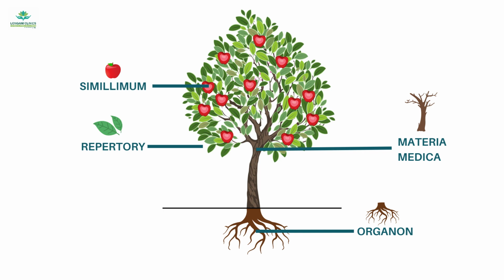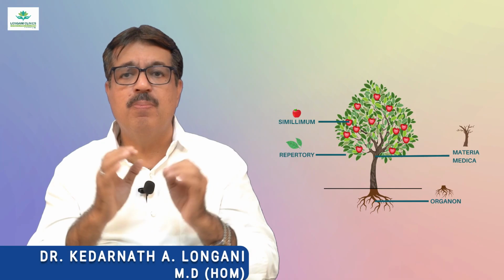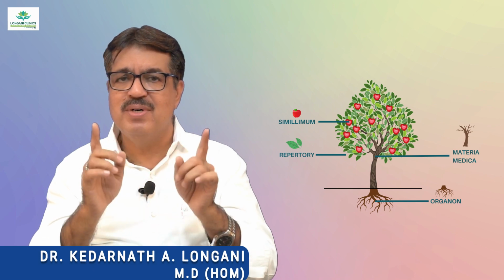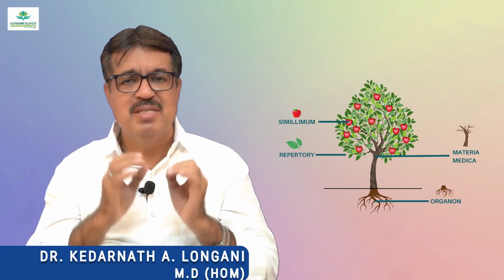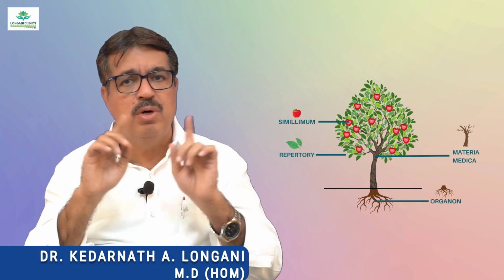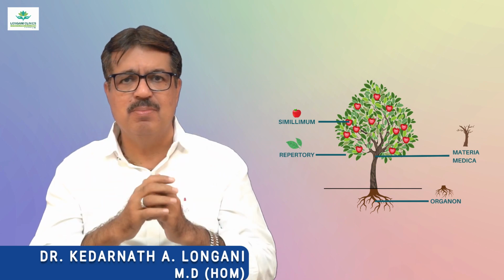The fruit of the tree is the simillimum, which is formed as a result of harmonious function of root, shoot, and leaves. Improper function of these will not give us a good fruit. Similarly, lack of knowledge in any of these won't give us an exact simillimum.